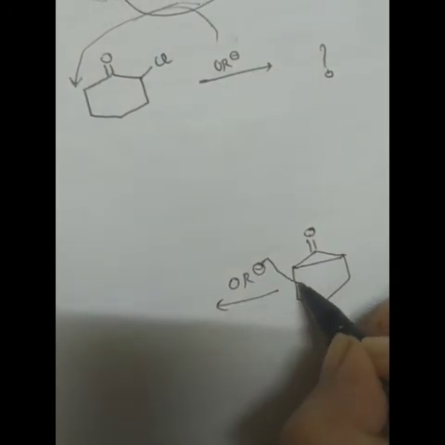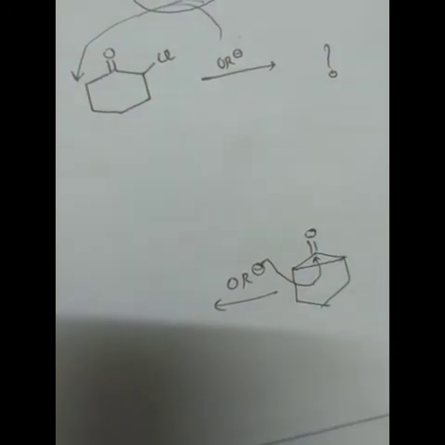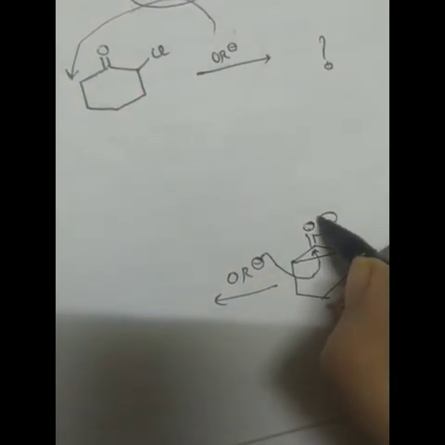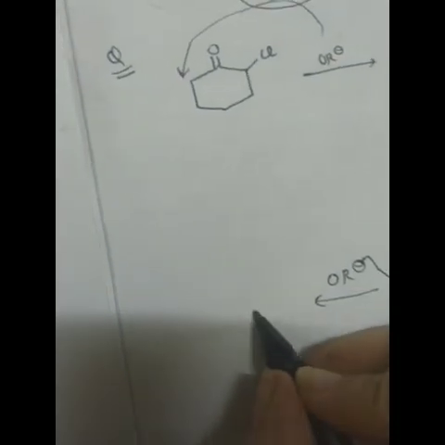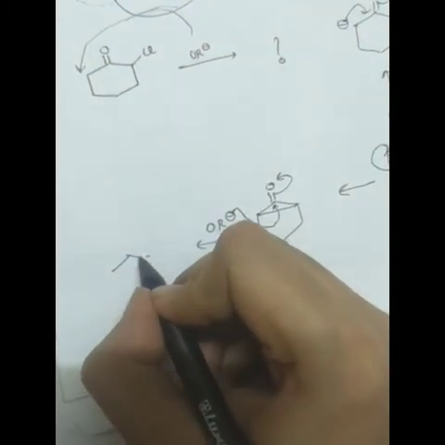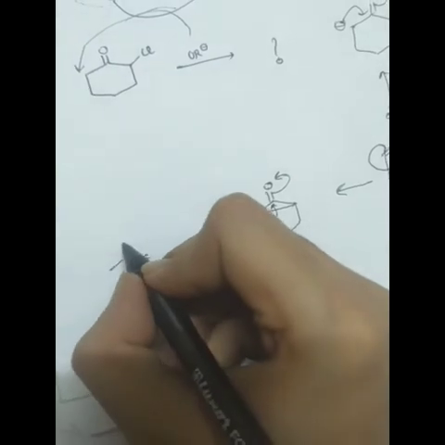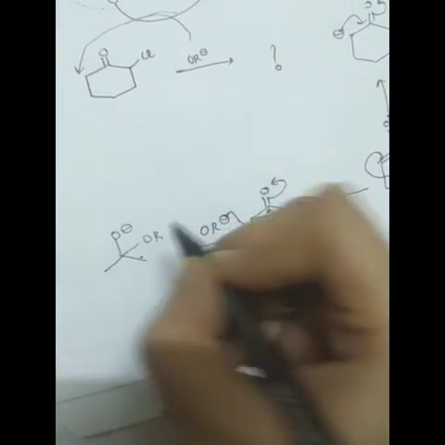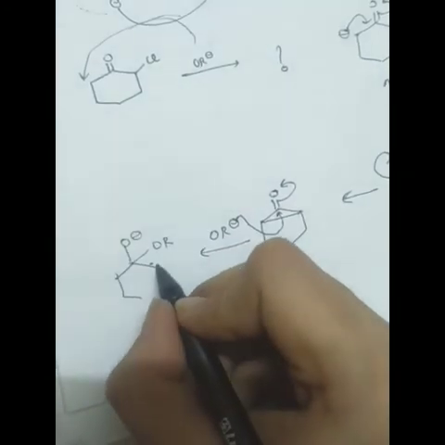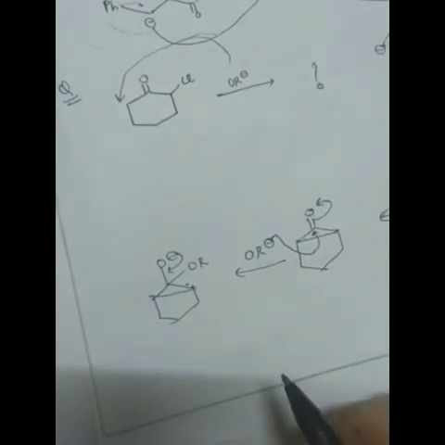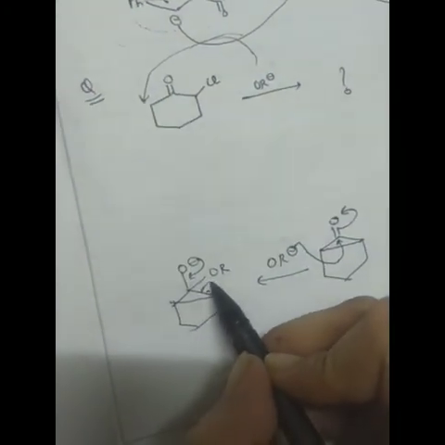It will attack here in the pi antibonding of the carbonyl, and this bond will shift here, so it will be like this: O negative, OR here, a 6-membered ring, and when this bond comes back, it will break this.